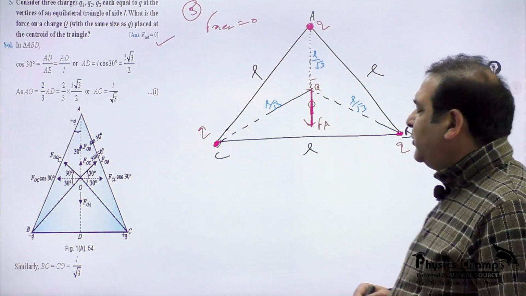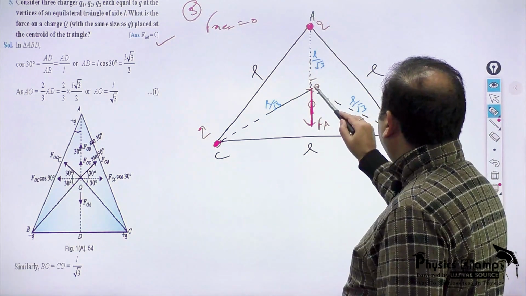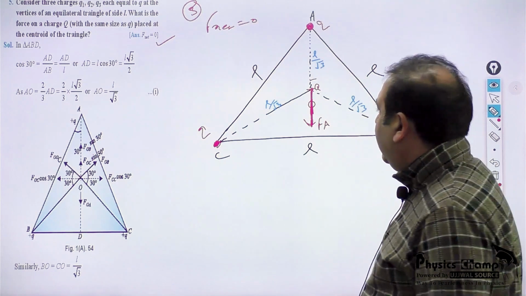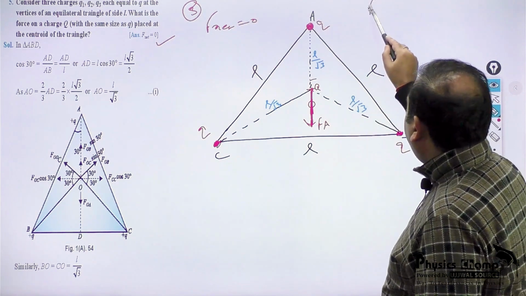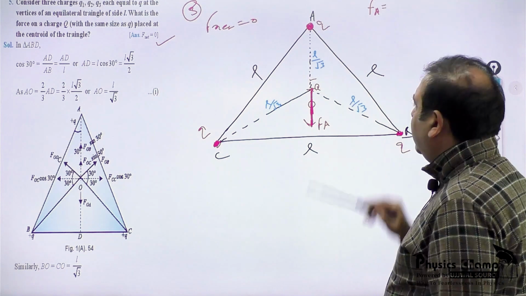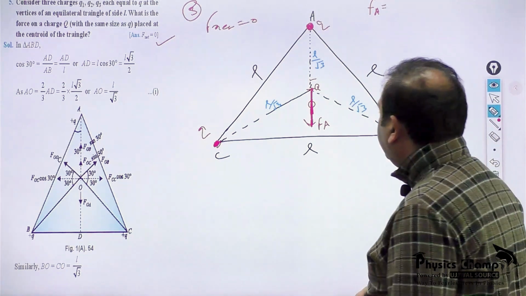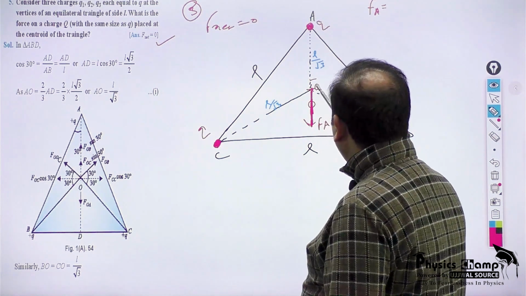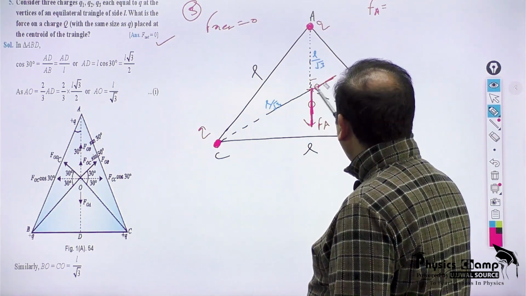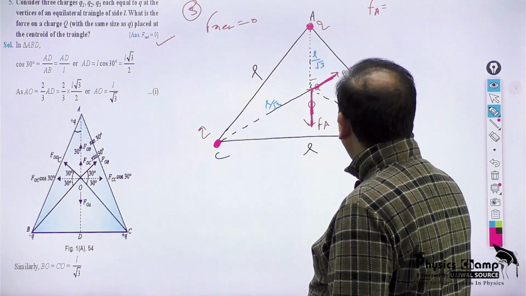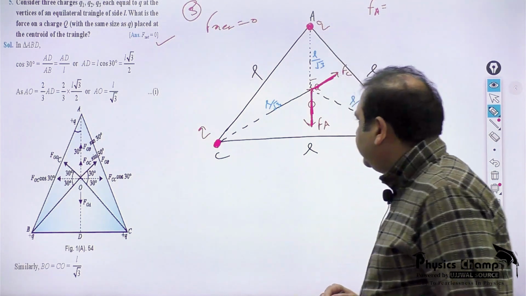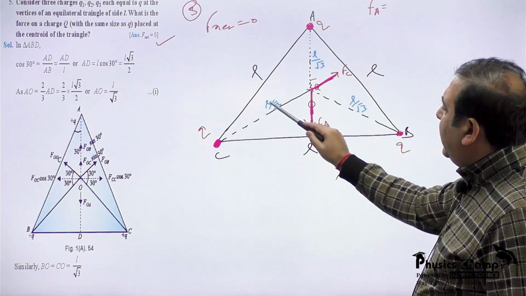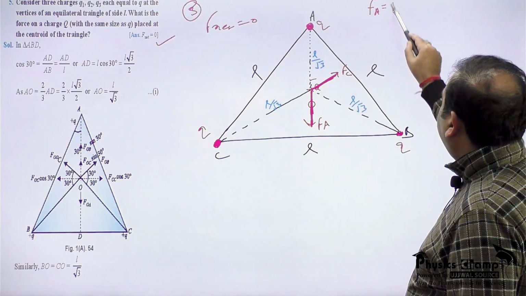It is the force between charge capital Q and small q which is placed at A. Similarly, there will be a force acting at the centroid, which is Fc. And it will also be the same, Q by L by root 3 whole square.